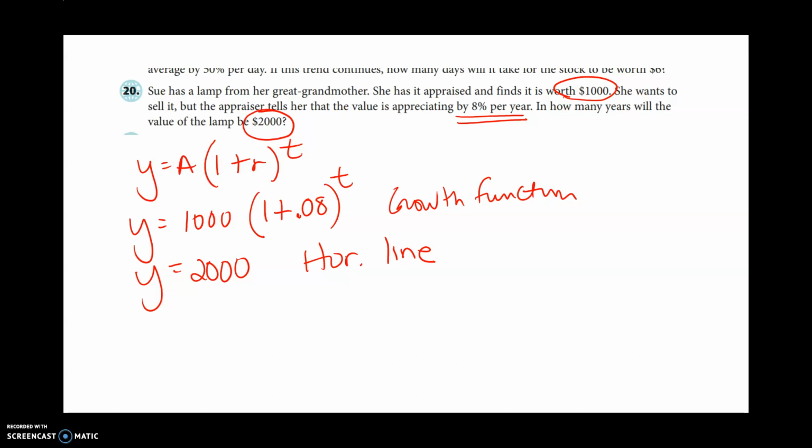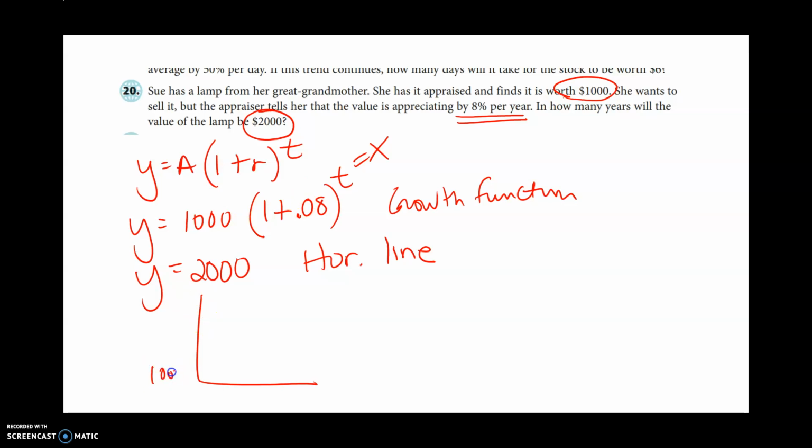So I'm going to my y equals, and I'm going to graph both of these. The first one is 1,000 times 1.08 raised to the x, right on your calculator. This is x, and my second one will be 2,000. Now, in every one of these story problems, we had to adjust our window.